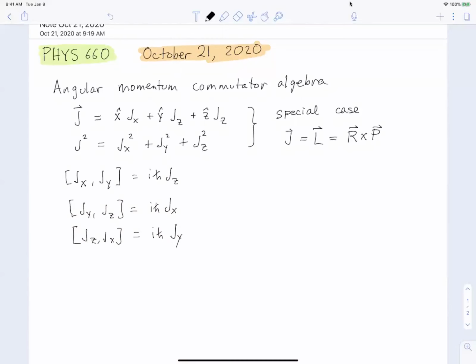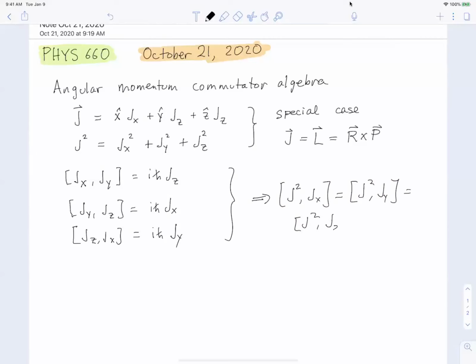Anything that satisfies those, we define to be an angular momentum, regardless of where it came from. From that, we derived that the commutator of J squared with any of the components is 0. So all of these things are 0. Our job is to figure out as much as we can about the eigenstates and eigenvalues of these operators.